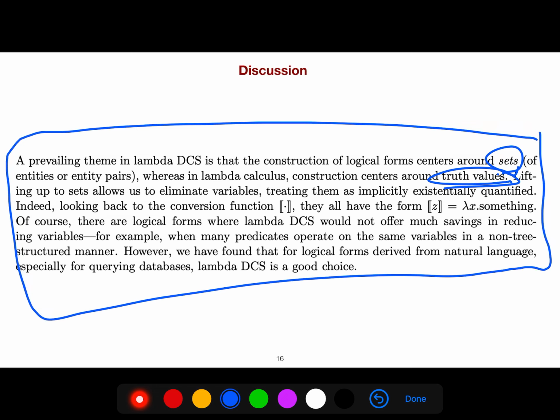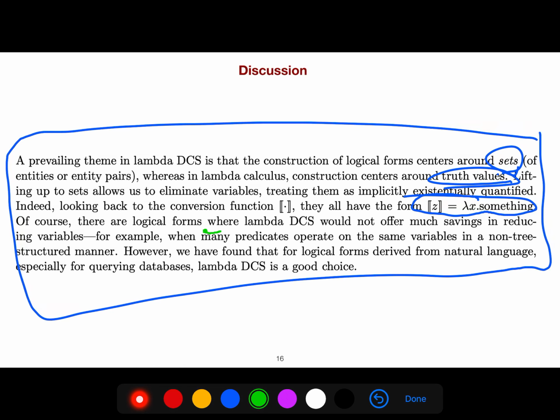Indeed, looking back to the convergent function, they have the form z lambda x something. Of course, there are logical forms where this is bad.